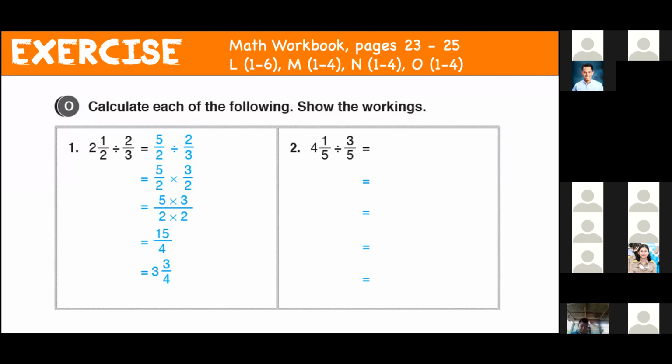Number 2 is 4 and 1/5 divided by 3/5. Okay, let's show the answer before we go to 3 and 4.